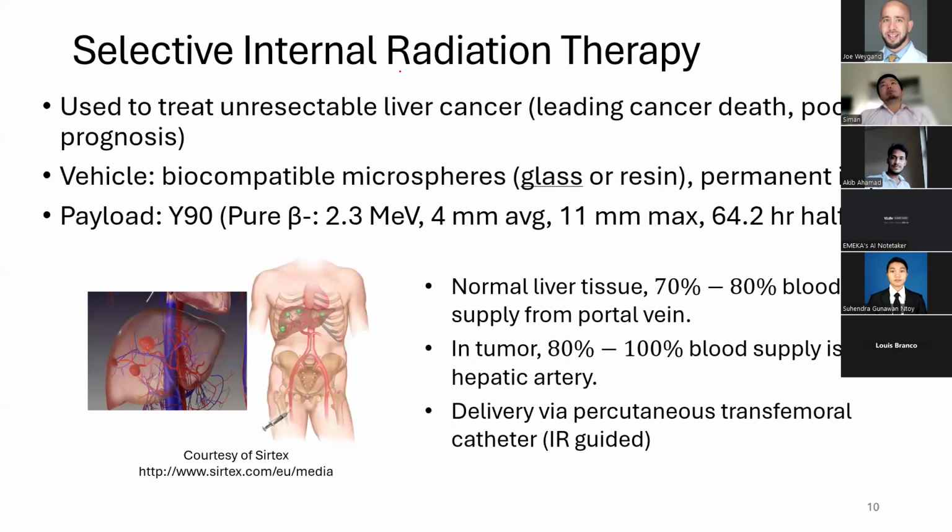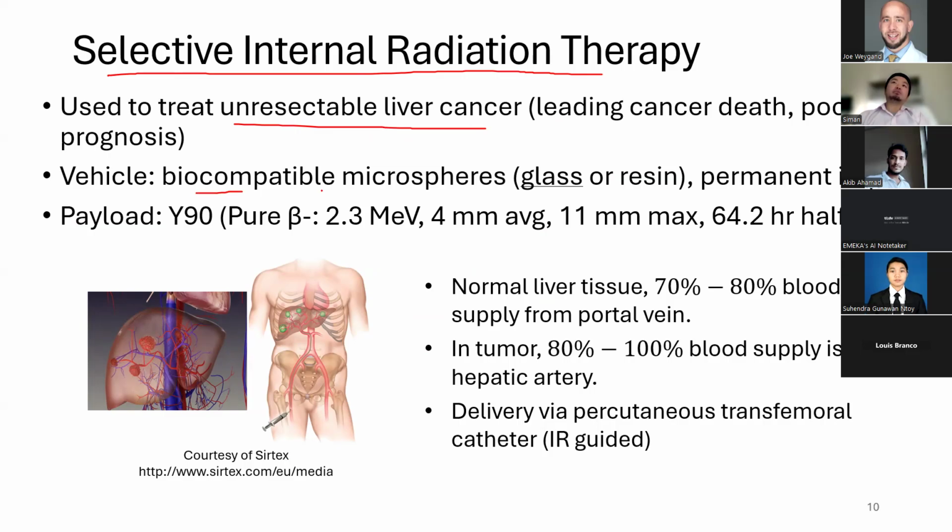And I've been talking about Y90 quite a bit, so let's discuss what it is really quick. It is called selective internal radiation therapy, or sometimes trans-arterial radioembolization therapy as well. It is used to treat unresectable liver cancer.